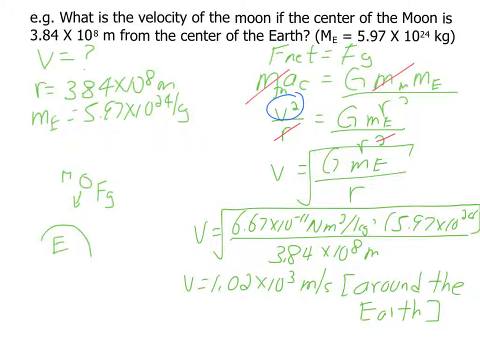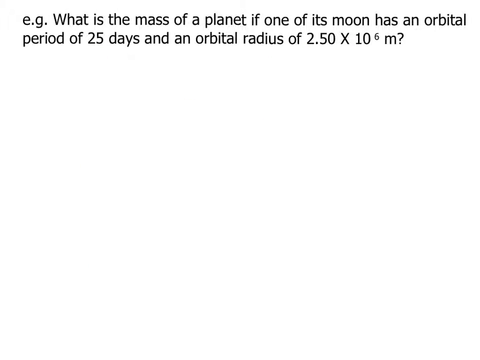So once again, because we're looking for a velocity, we need to replace our centripetal acceleration formula with one that deals with velocity. Let's now try a problem with a period.